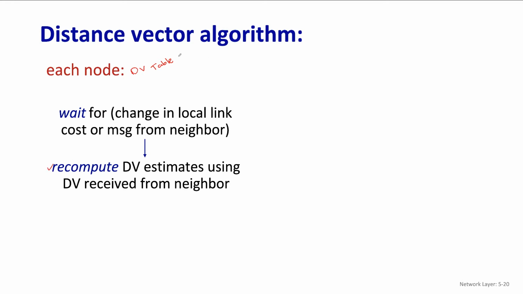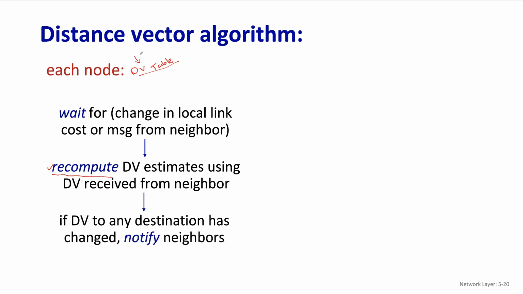So initially you build your own table, and once you get an update message from your neighbor, you recompute your distance vector table based on that update. If there is any change after your computation, you notify your neighbors of your new distance vector, and this happens for each router in your network.